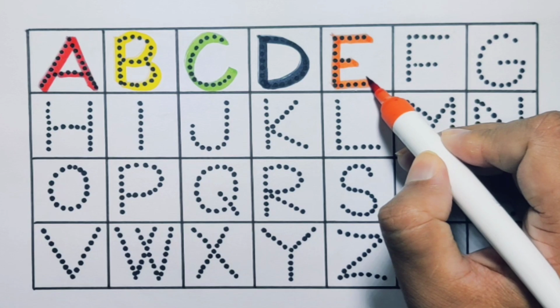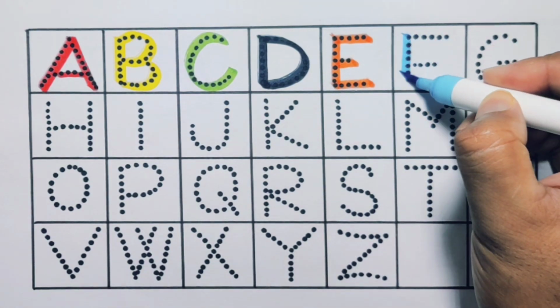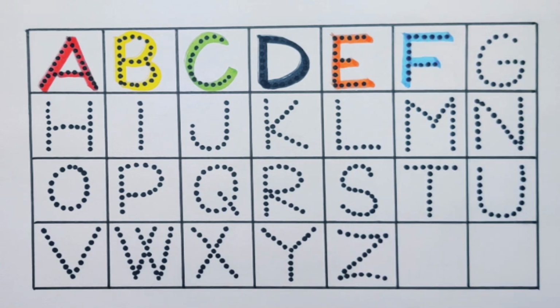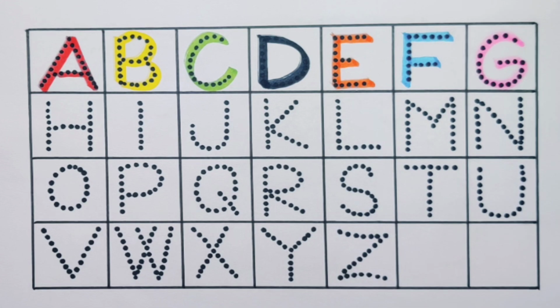E for elephant. F for flower. G for goat.